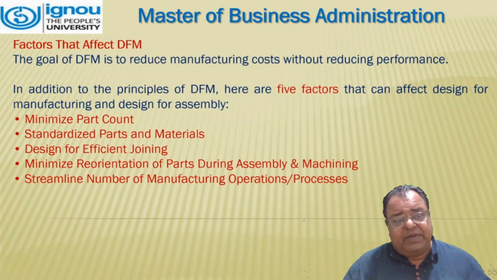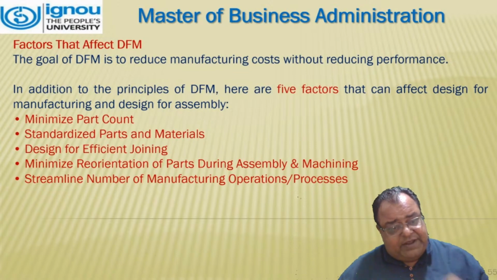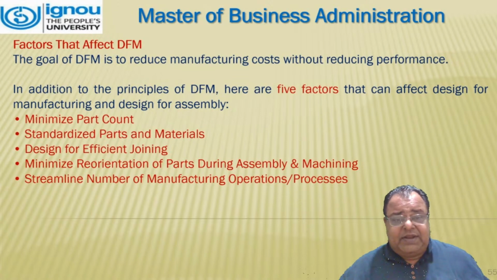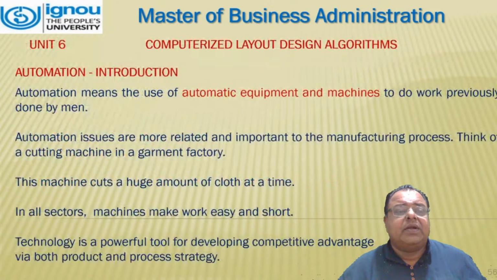First one is minimize part count, that means reduce the number of parts. Second, standardize parts and material. Third, design for efficient joining. Fourth one is minimize reorientation of the parts during assembly and machining. And the fifth one is streamline the number of manufacturing operations and processes.